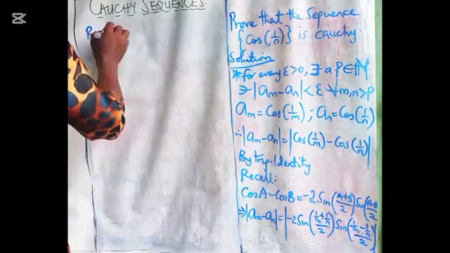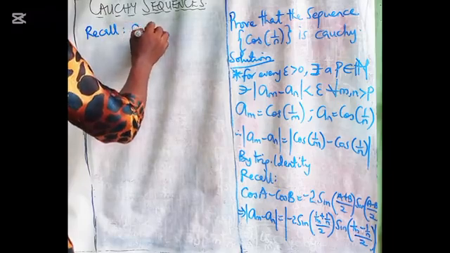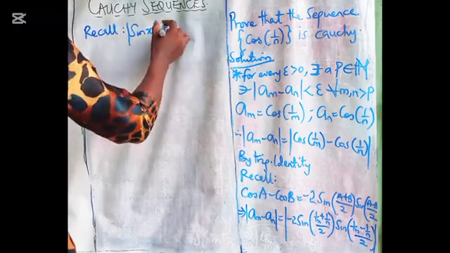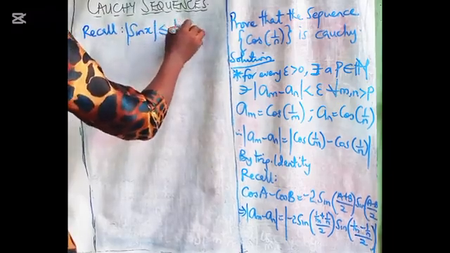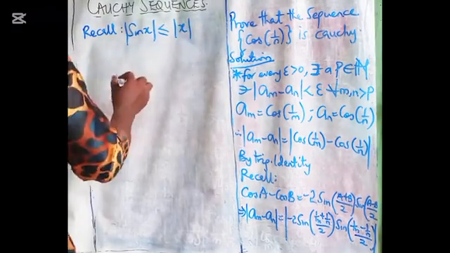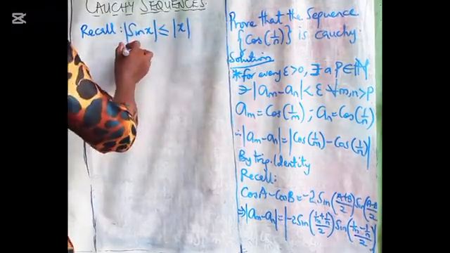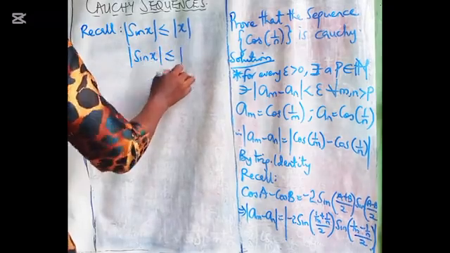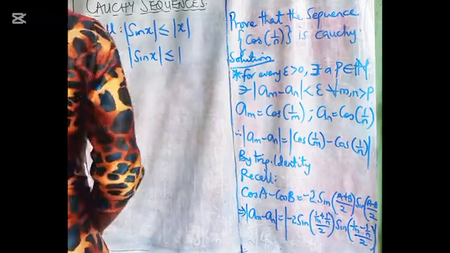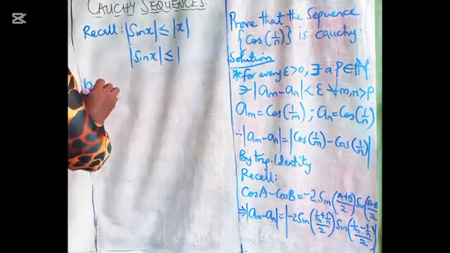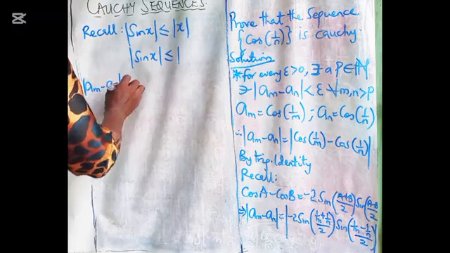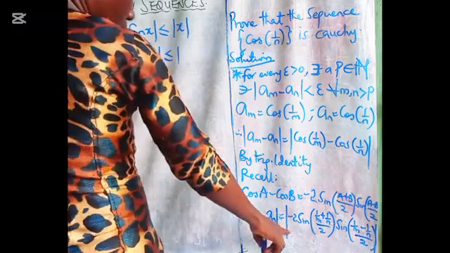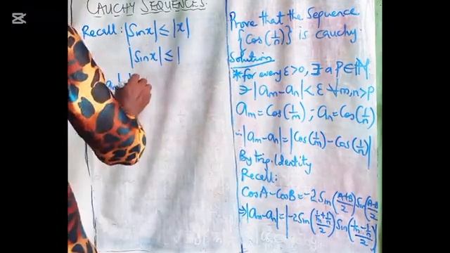We recall that the absolute value of sine x is less than or equal to the absolute value of x. And that the absolute value of sine x is less than or equal to 1. So what happens there? The absolute value takes care of the minus.